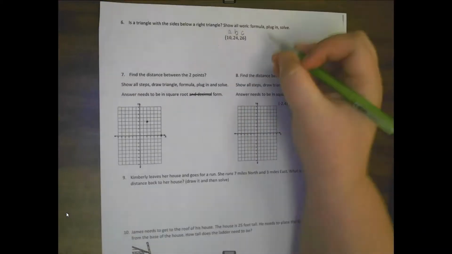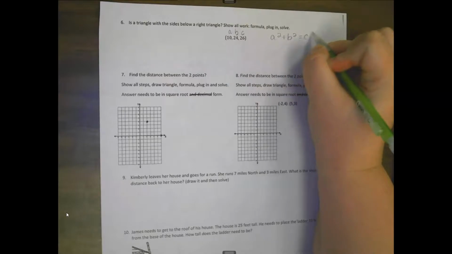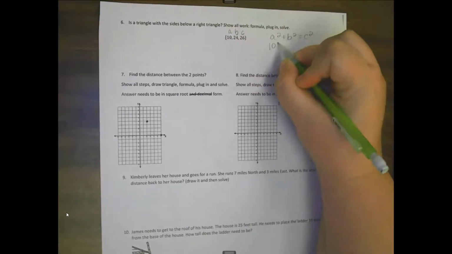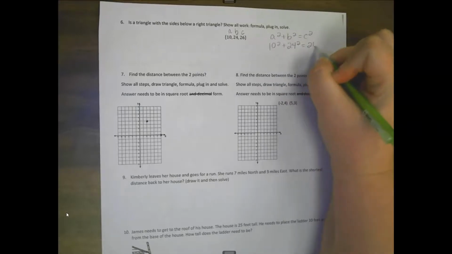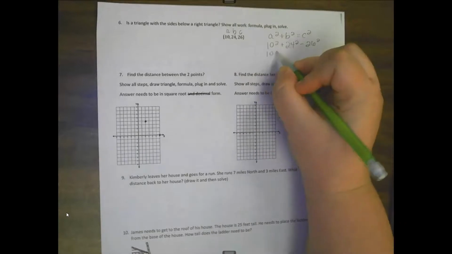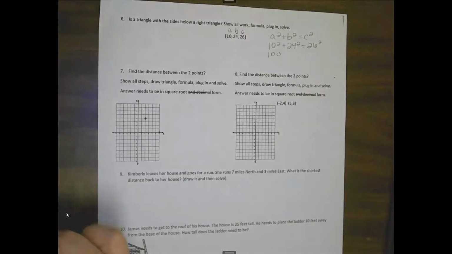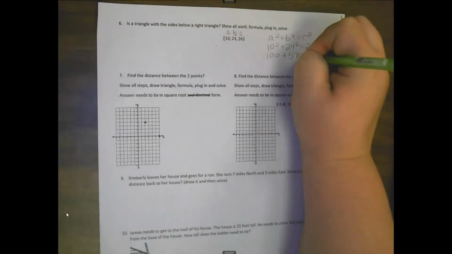So we have A squared plus B squared equals C squared. 10 squared plus 24 squared equals 26 squared. So 10 squared is 100. 24 squared, which was on y'all's homework, but I had a lot of people get a whole different answer.